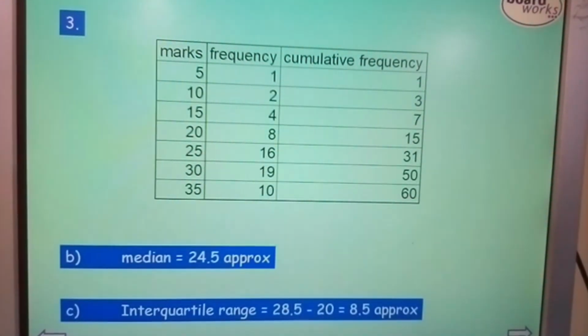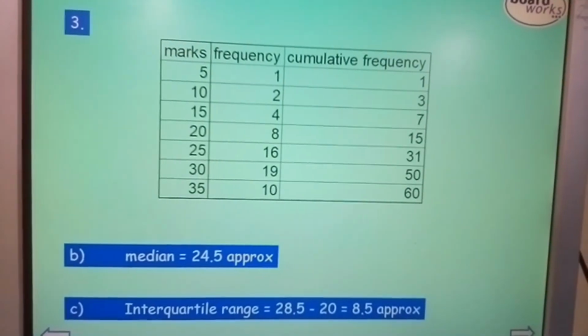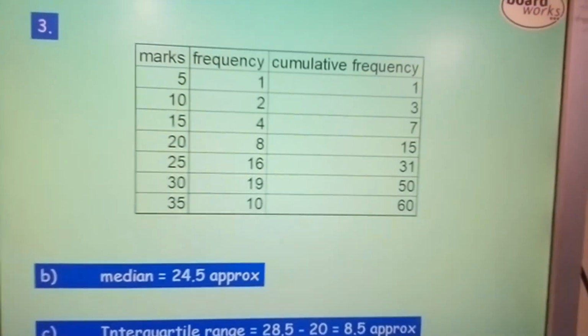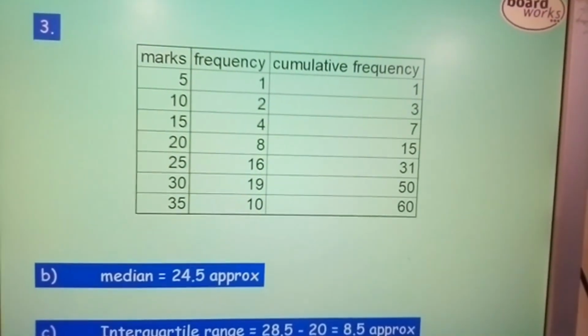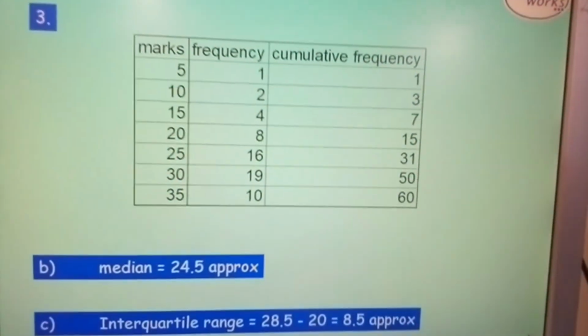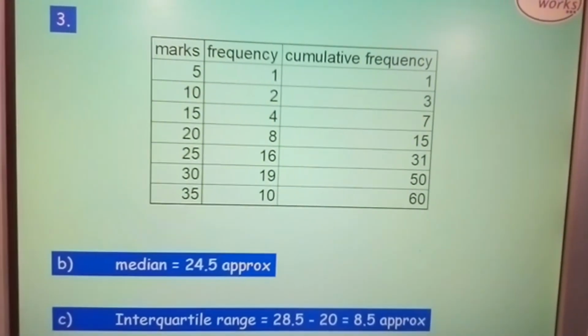Answers. And again, this is just giving you a working example.